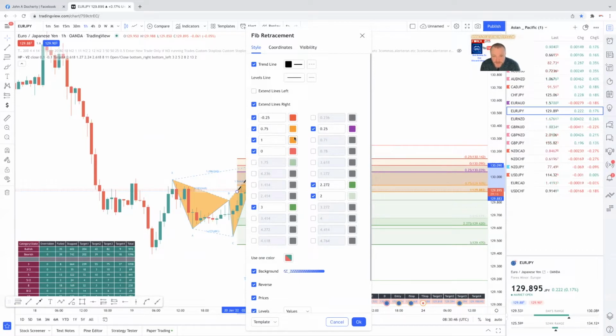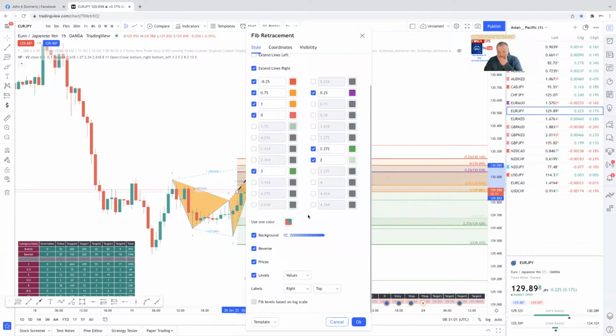We have a minus 2.5, a 0.75, a 1, a 0, a 3, a 2, a 2.72, and a 0.25. And again, levels, prices, reverse, background, all that's set up.